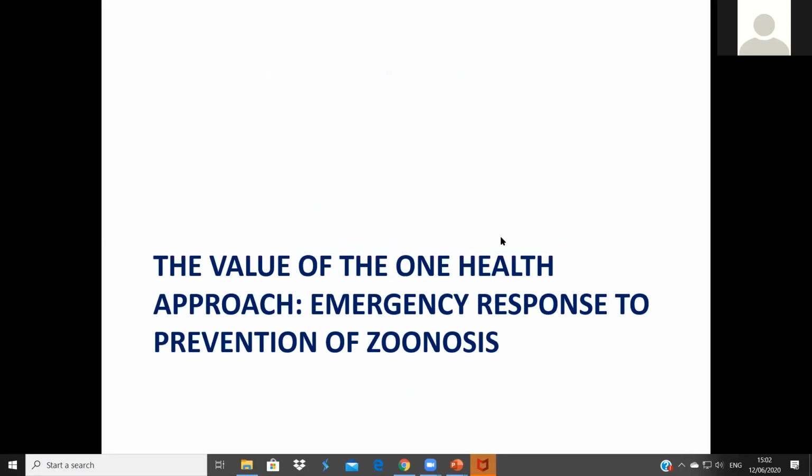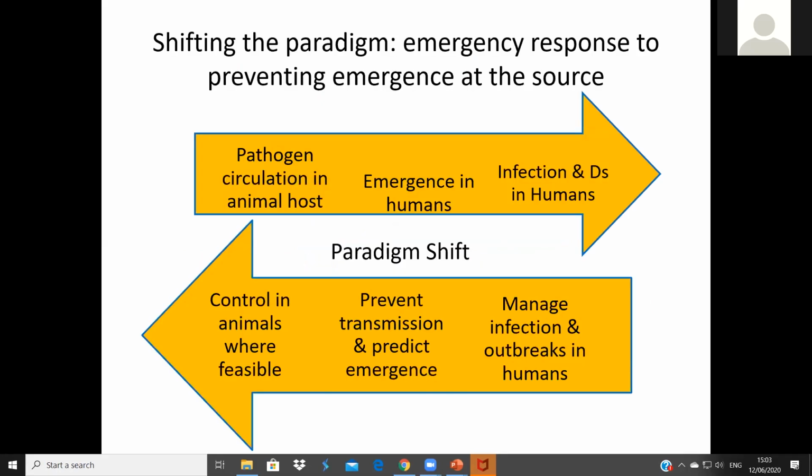Now, why are we talking about One Health? So there has to be a shift in paradigm. Initially, it was like the pathogen circulated in an animal host, then emerges in humans, and infection and disease occurs in human beings.